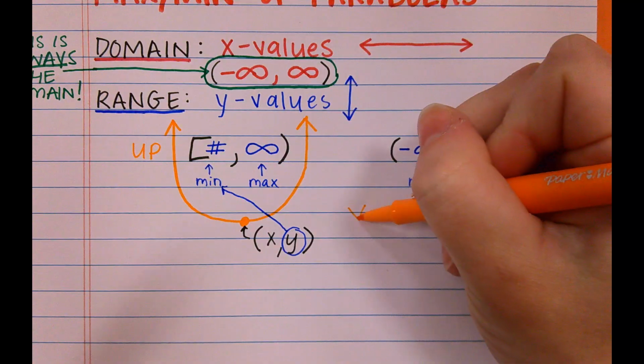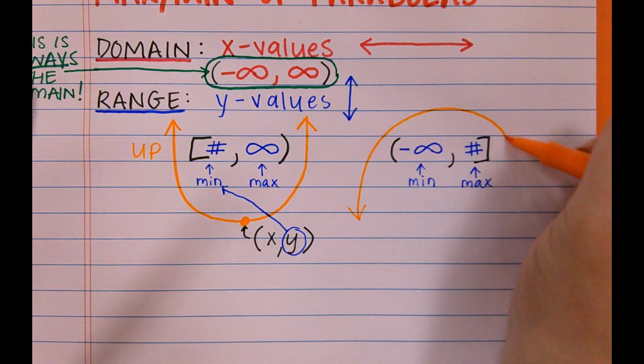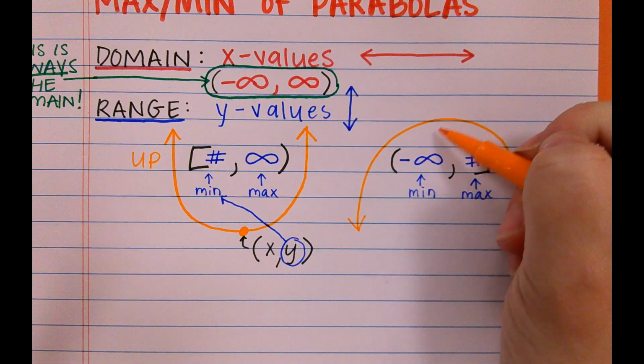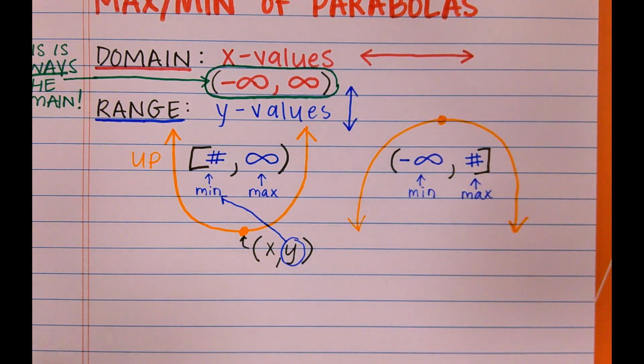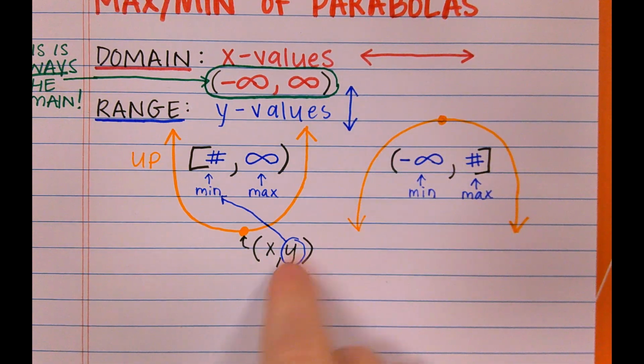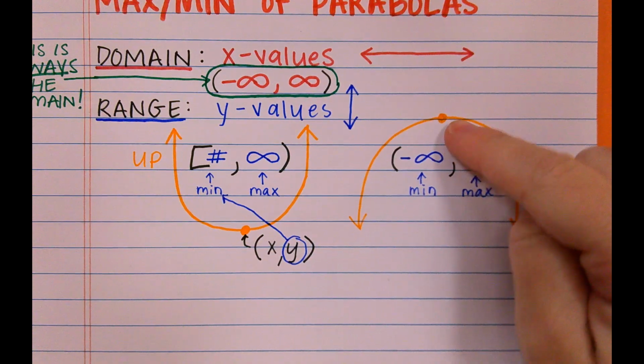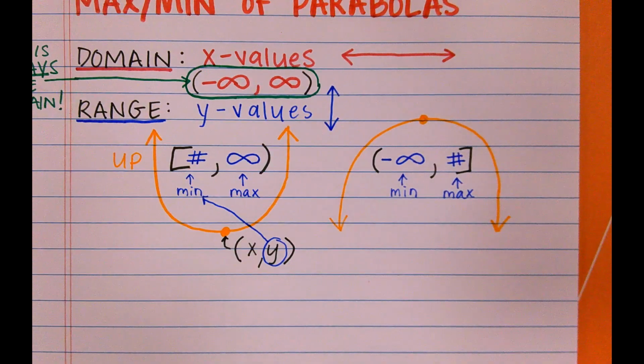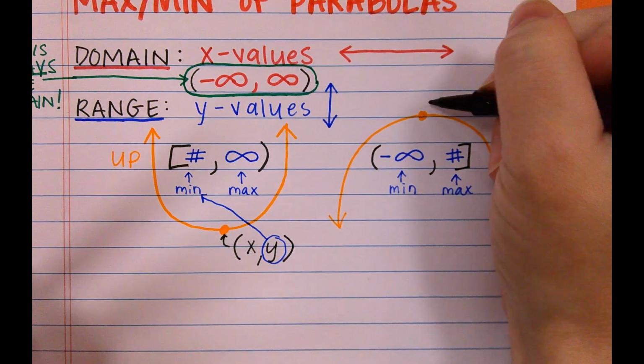Parabola facing down for this one. And what's nice about this is it's the same rule here. The y value of your vertex will be the max number. So I'll write that as a little note as well.